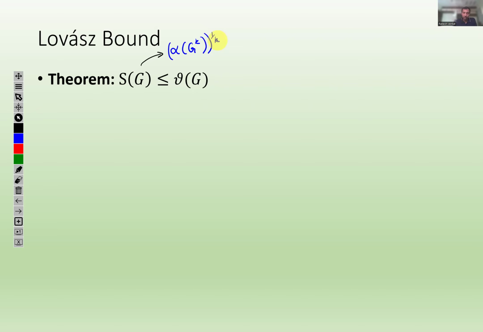I'll stop for a moment. This is a key theorem and we are going to prove this. If you have any questions, please let me know. The proof is basically divided into two parts, both of which individually are not very difficult to show.